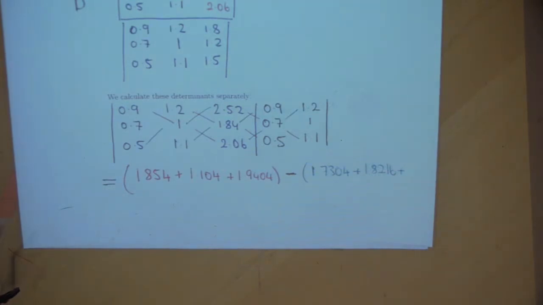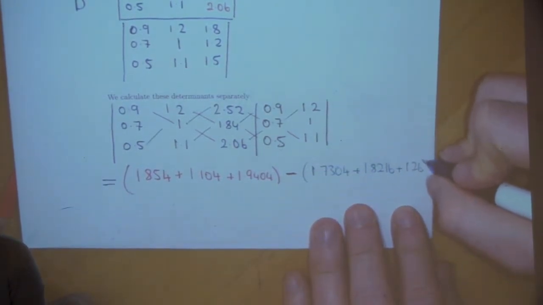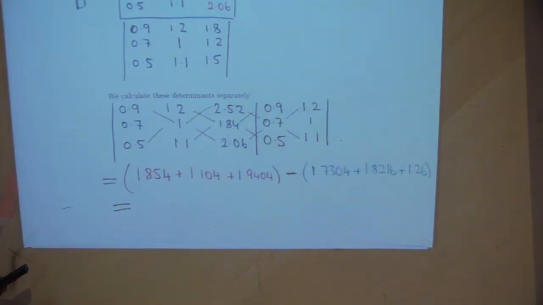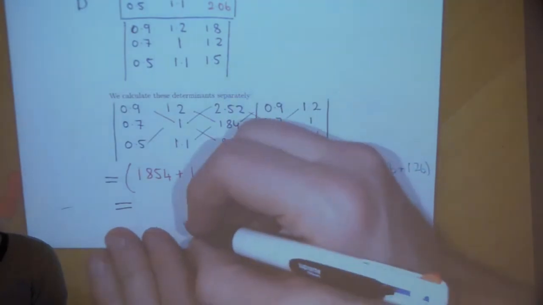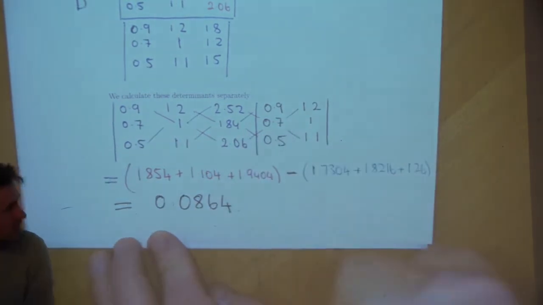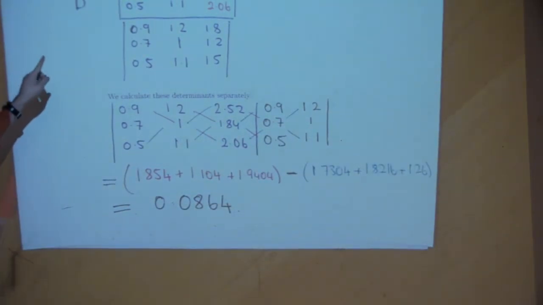Last one, 2.52 by 0.5. Painful enough, this question. Right, so that's the dz calculated.